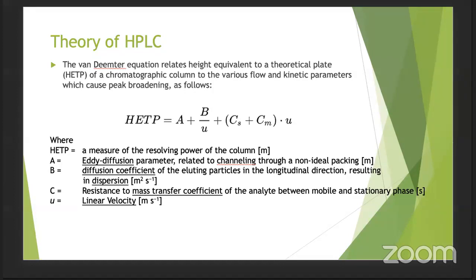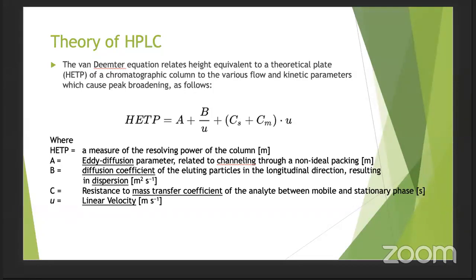Now, longitudinal diffusion. In longitudinal diffusion, the mobile phase is diffused longitudinally, thereby causing turbulence effect. That is, there would be higher concentration of solute in the middle, whereas lower concentration at the edges.